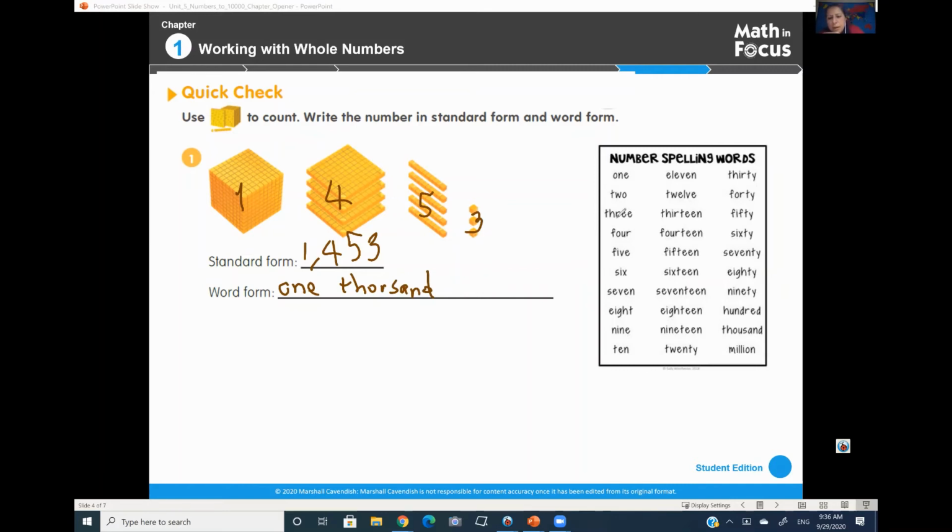So I'm going to put 400. I forgot the comma here. And then I have 5 tens. 5 tens are, no, it's 10, 20, 30, 40, 50. So I'm going to look for 50. 50 is here. So I put 50. And the last one is a 3. So I look for 3.